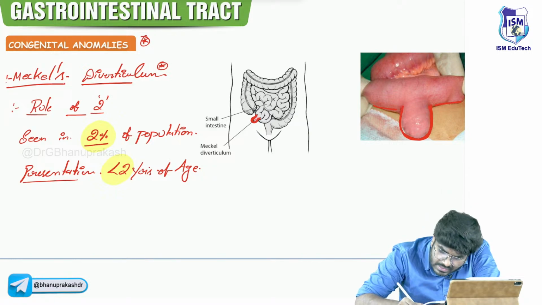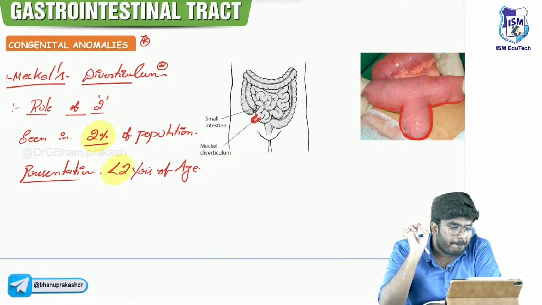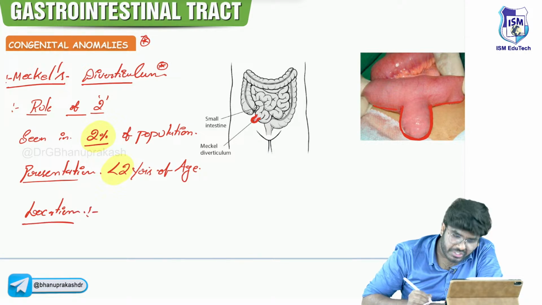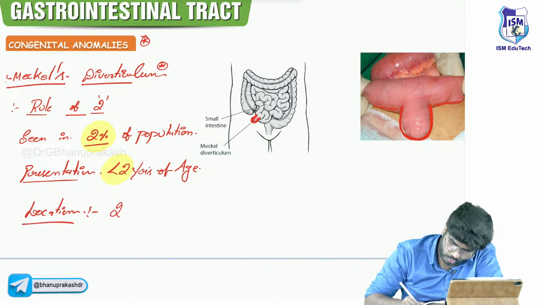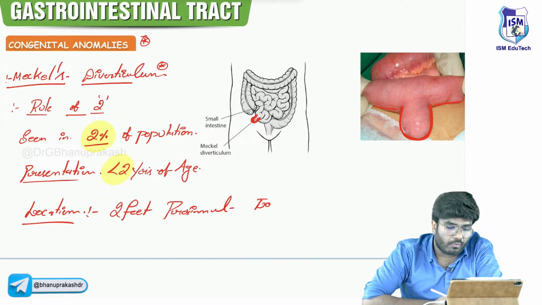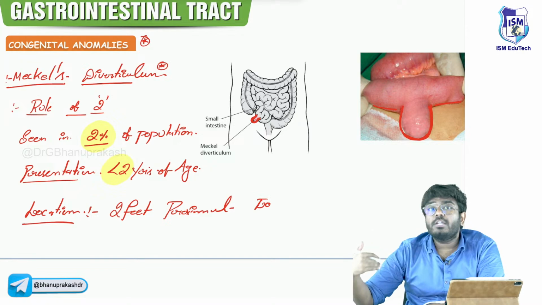Now, you can ask me, sir, where exactly is this diverticulum happening? What is the exact location of this diverticulum? The most common location is 2 feet proximal to the ileocecal junction.